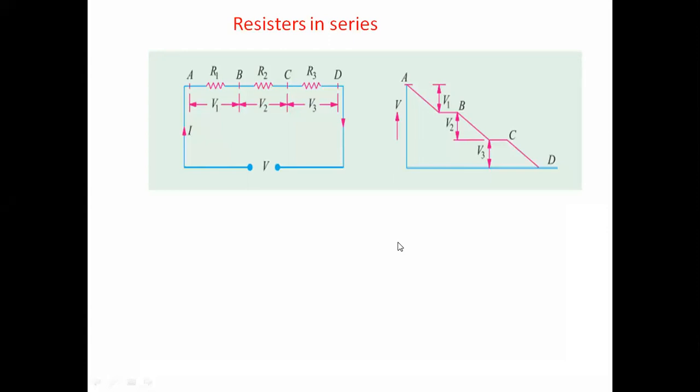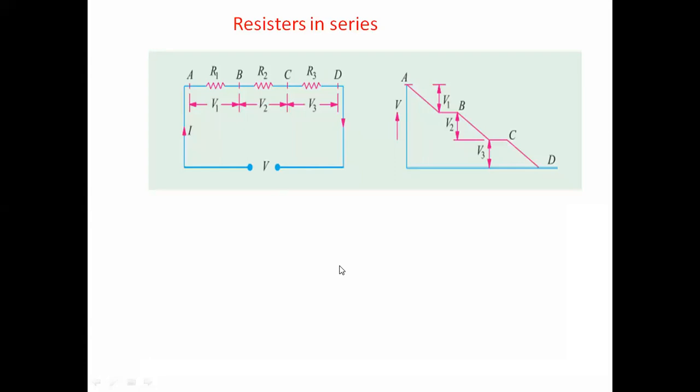That constant is the resistance. So V by I is equal to R.